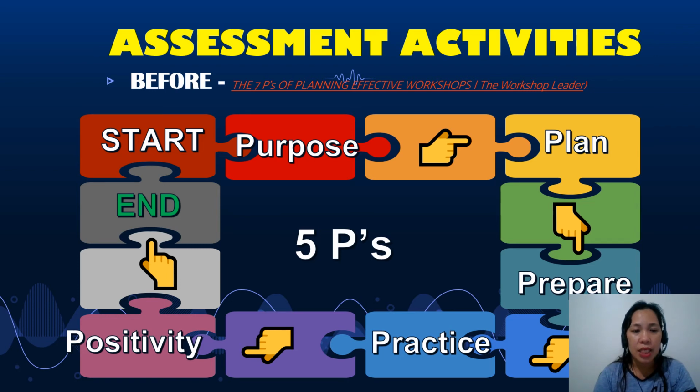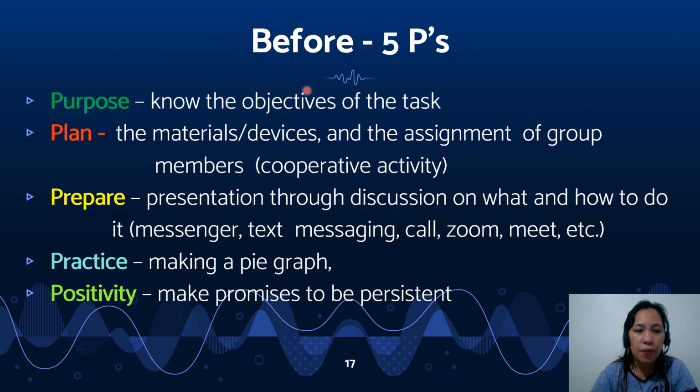Assessment activities before it is named as 5 P's. The first one is purpose, plan, prepare, practice, positivity. For purpose, know the objectives of the task, plan the materials or devices, and the assignment of group members such as cooperative activity.